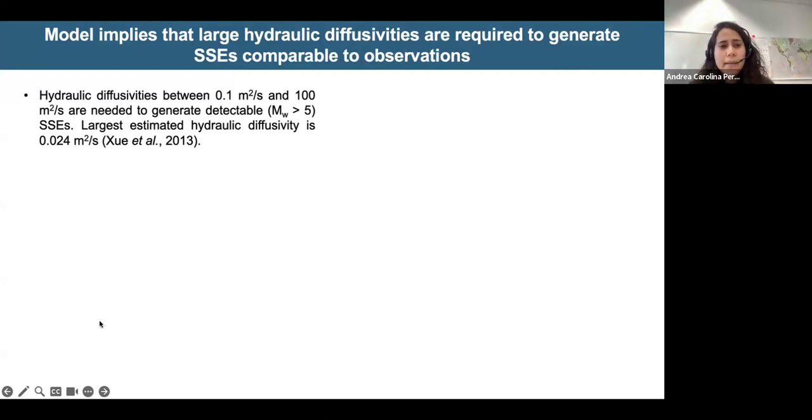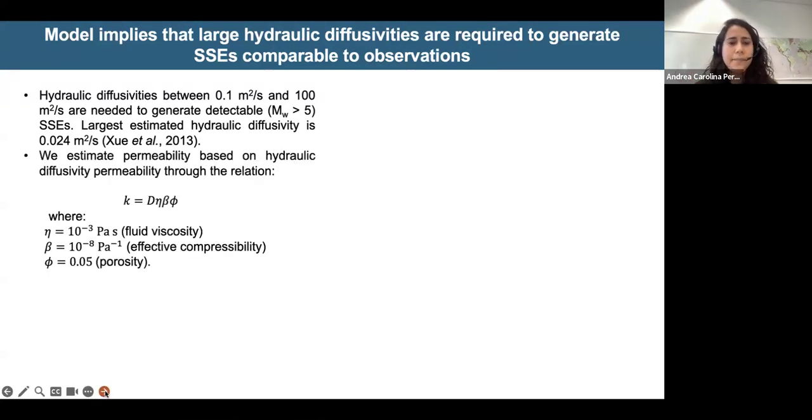But since there are not many constraints on hydraulic diffusivity, we decided to translate this to permeability using a very simple assumption, through this relation, where D is the hydraulic diffusivity, this is the fluid viscosity, effective compressibility, and porosity, which we assumed was 5%.